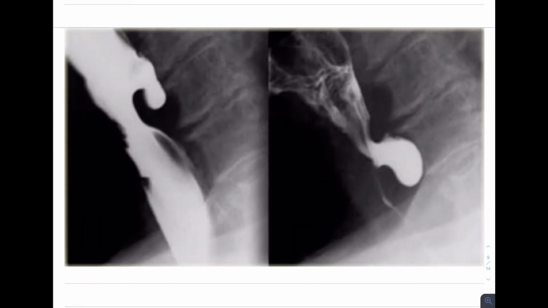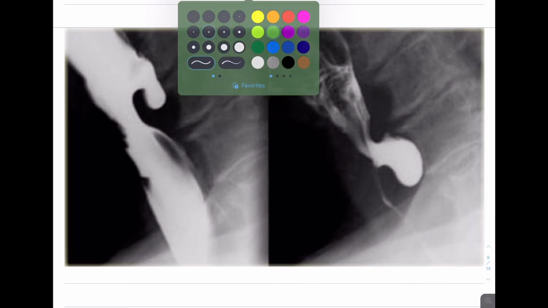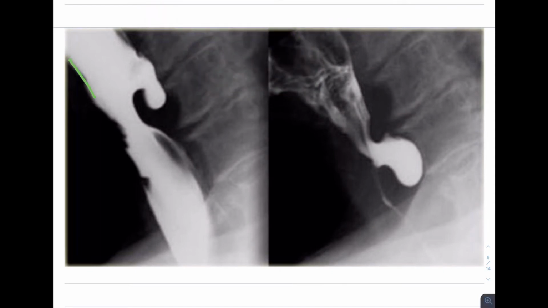Barium swallow image of the Zenker diverticulum. Upper part of the esophagus, pharyngeal part, and this is the protrusion. The protruded part is obstructing the esophagus from behind, because Zenker is located posteriorly. That's why there will be obstruction in the passage of food.